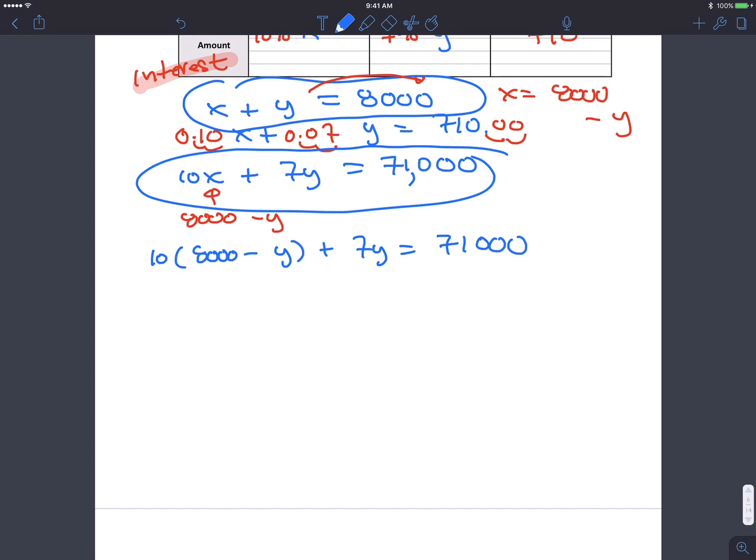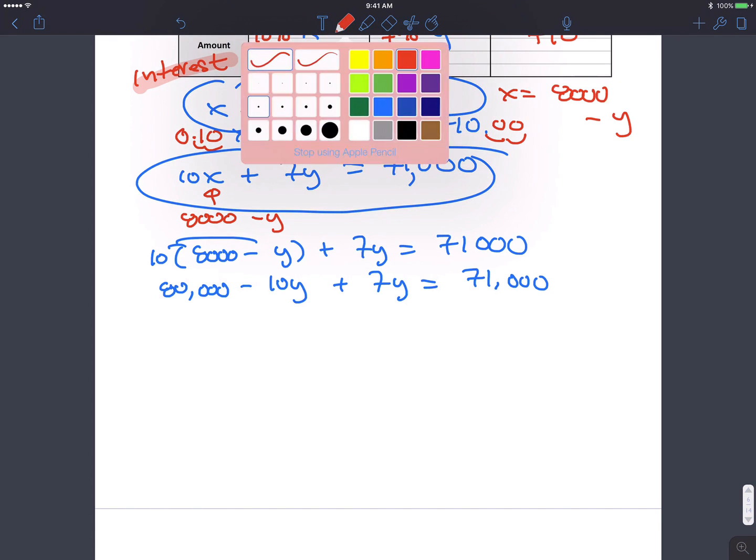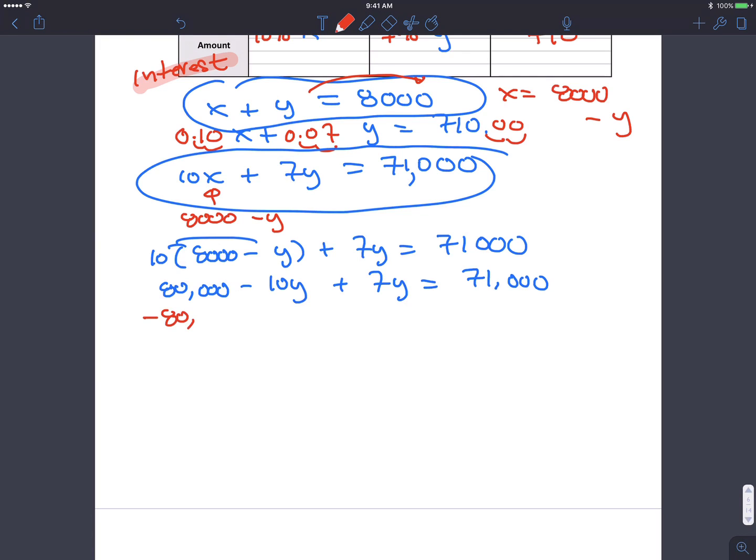Now 10 times 8,000, since we distribute, is 80,000 minus 10Y plus 7Y is 71,000. We're going to subtract 80,000 from both sides.